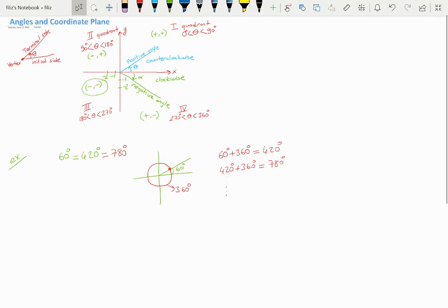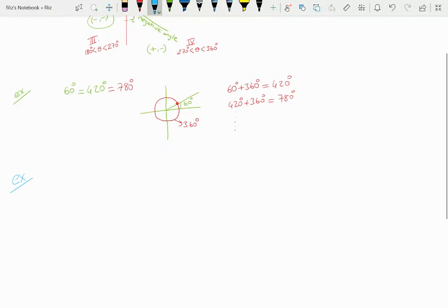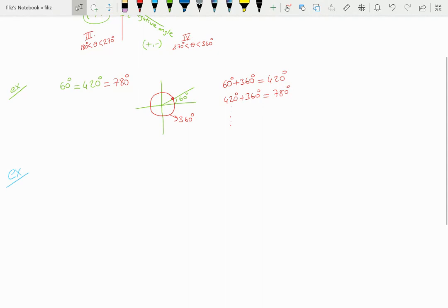Okay, let's say we are given a very big angle. Let's make another example. Let's say we are given 840. How can I find a small angle equal to 840 degrees? It's easy.